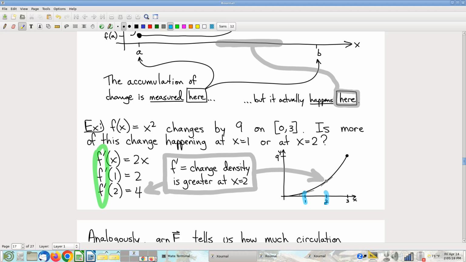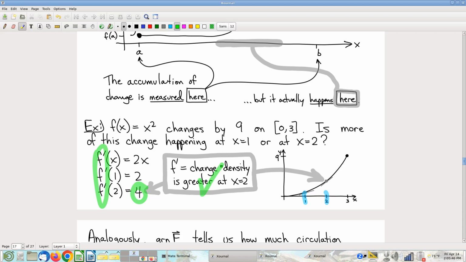Obviously, change doesn't happen at points. Change happens over intervals. Fine. But loosely speaking, if I ask you where the change is happening, you're going to look at the derivative. You're going to see where the derivative is the greatest, and that's where there's more change happening. Pretty intuitively satisfying. Clearly, you can just look at the graph here. There's clearly more change happening at the point 2 than at the point 1.